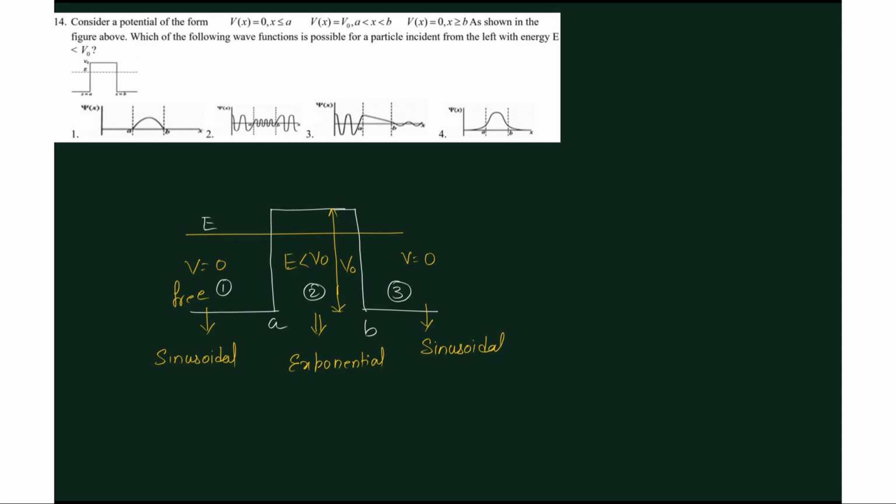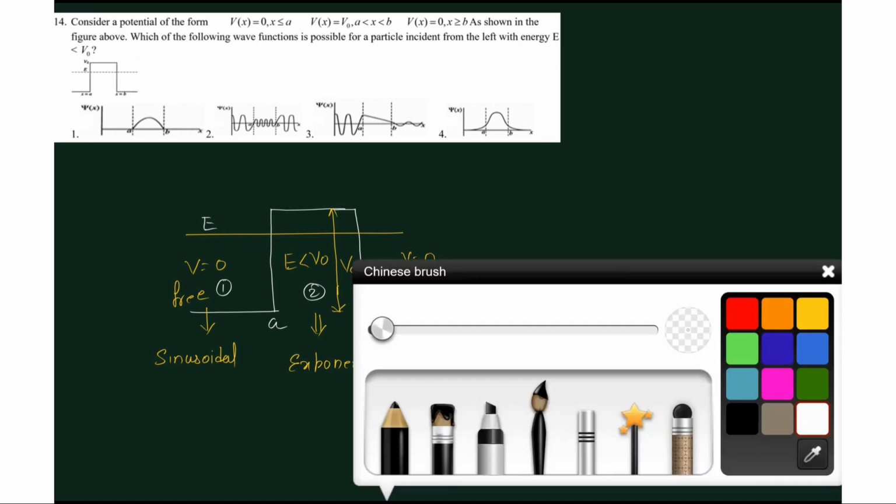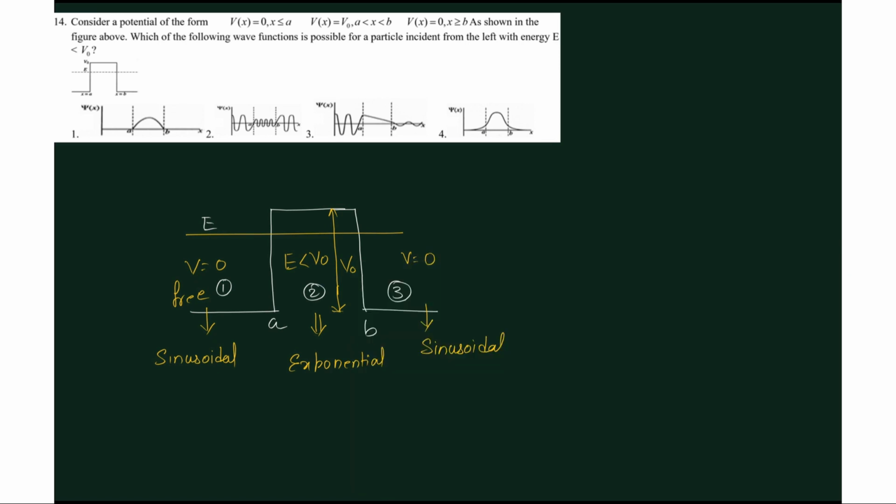Whenever the particle is passing through the barrier, what will happen? Here we have a sinusoidal behavior, and here also sinusoidal behavior. The only difference is that in this region the amplitude is less compared to the first region.